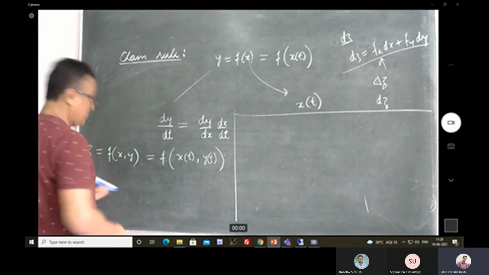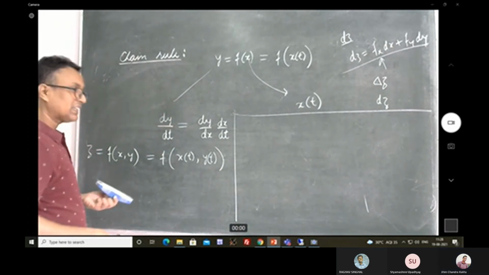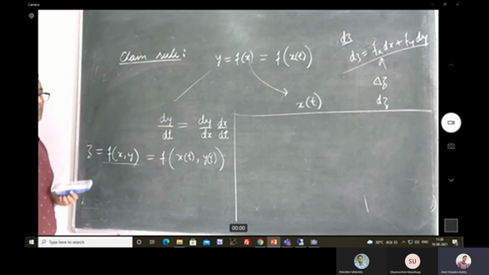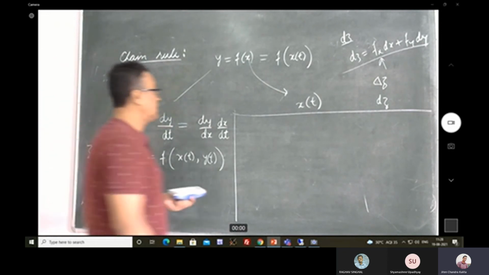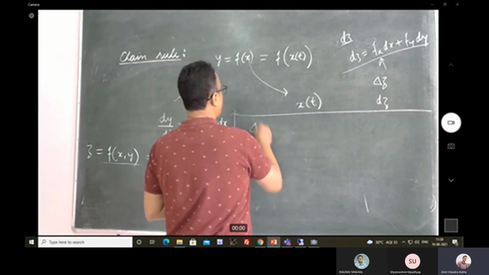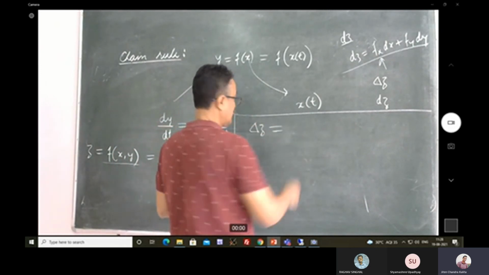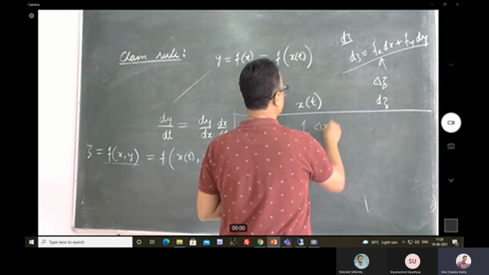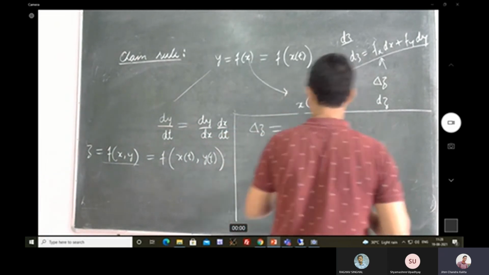Now, if this function is differentiable, then what we have, delta z is your fx delta x plus fy delta y plus epsilon 1 delta x plus epsilon 2 delta y.